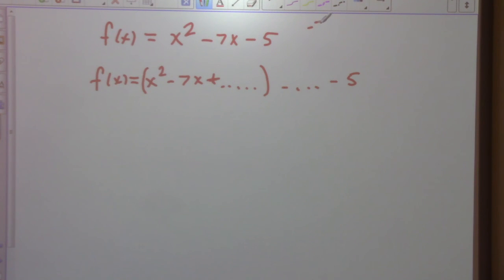We take this negative 7 over 2, right? And we don't get a whole number here, so we can just leave this as a fraction. So we can take this negative 7 over 2 and square it, and what do we get? Well, let's see.